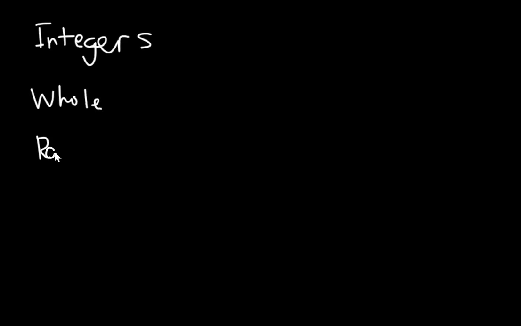Anyway, now we're going to do classification of numbers. There are 6 categories, I believe. The first one is whole. Actually, you know what? Let's list them: integers, numbers, irrational, non-terminating, and terminating.